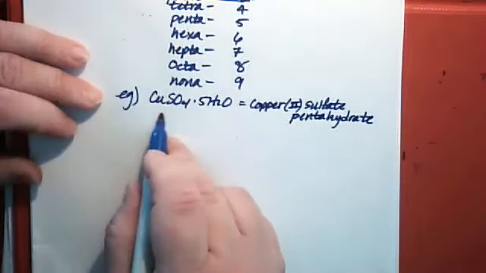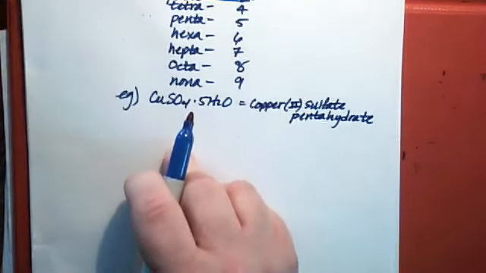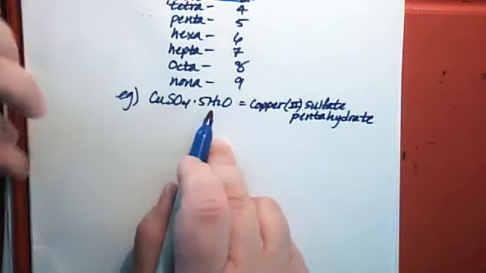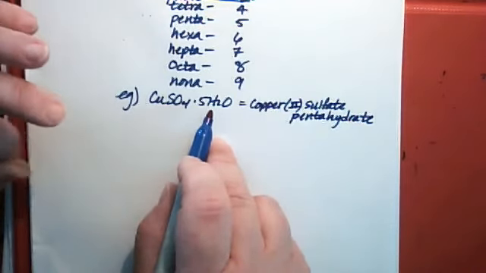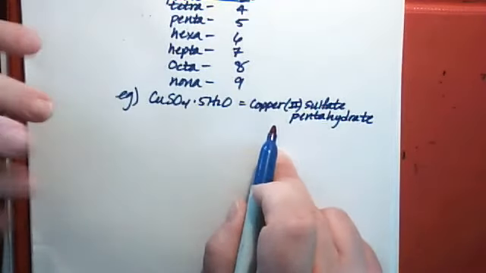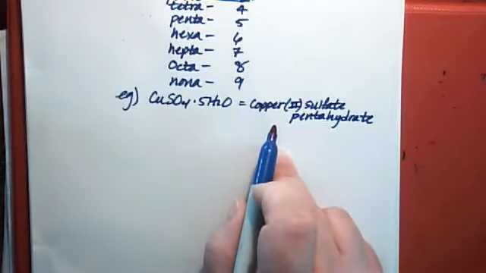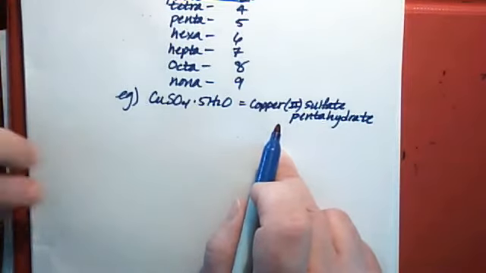That's a favorite one for using in the lab because it's a pretty deep sort of royal blue color when it has the waters of hydration attached. But then you put it in an oven or over a Bunsen burner and heat it up for a few minutes, and the anhydrous version of it is white. But you can get it to turn back to that same shade of blue just by adding a little water to it.